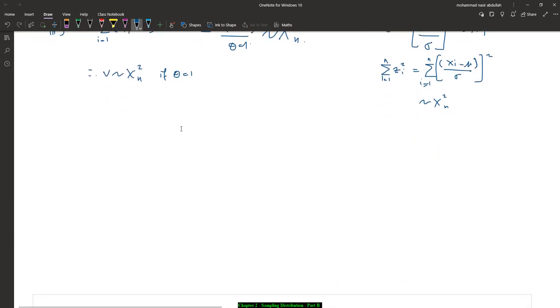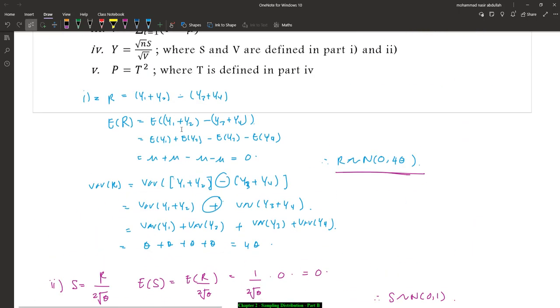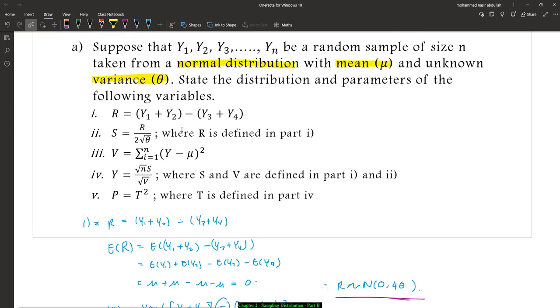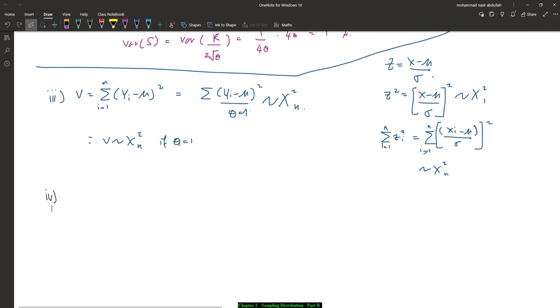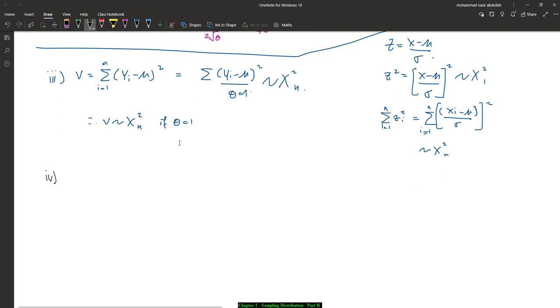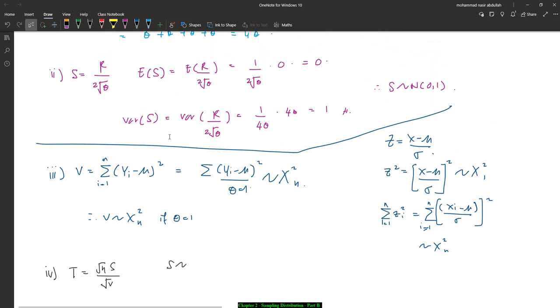So let's look at number 4. Number 4 says that t equal to square root of n multiplied with s divided by square root of v, right? So this is t equal to square root of n s over square root of v, where s is having standard normal distribution, with mean equal to 0 and variance equal to 1.